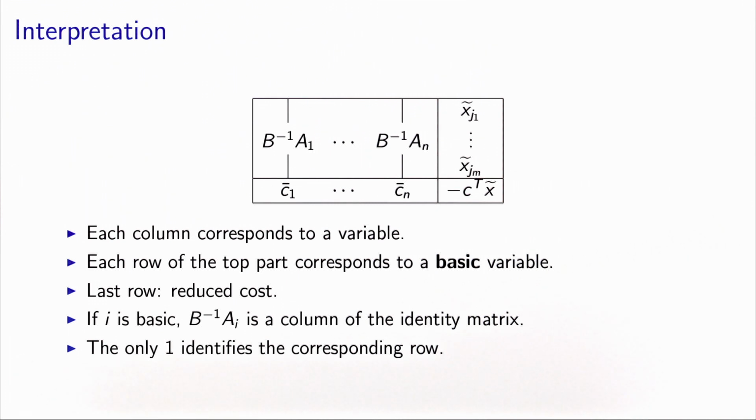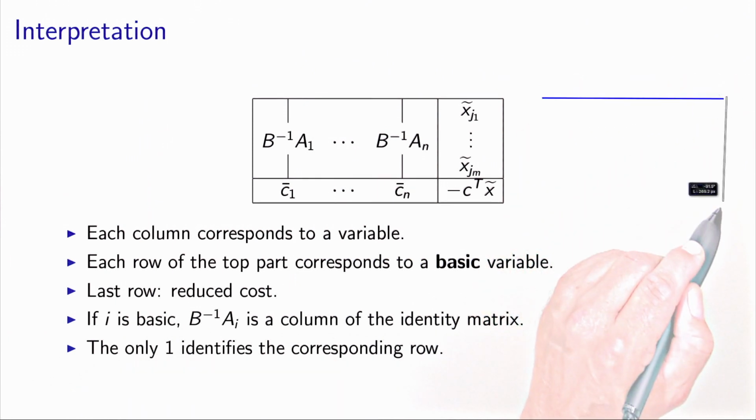Now we will exploit the fact that when you multiply B^-1 times one column of A, if this column happens to correspond to a basic variable, then we obtain a column of the identity matrix, as we will illustrate in the example on the next slide.